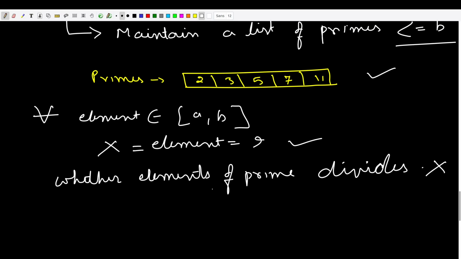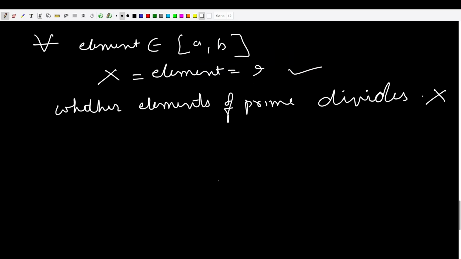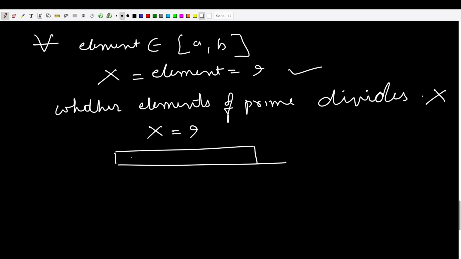So basically, x is 9, and the list of primes which we have is 2, 3, 5, 7 and 11.